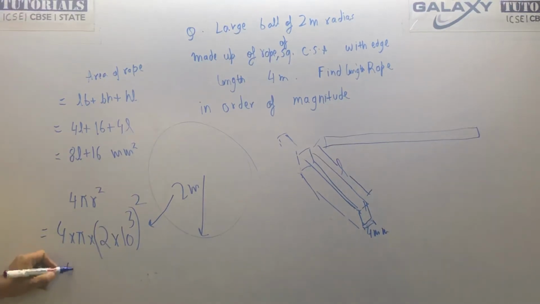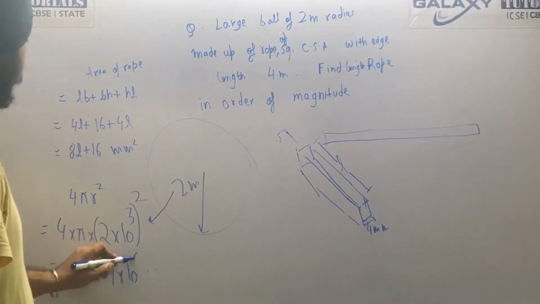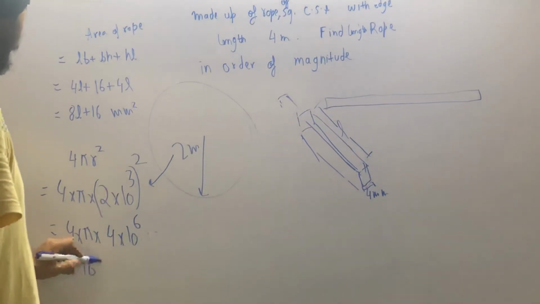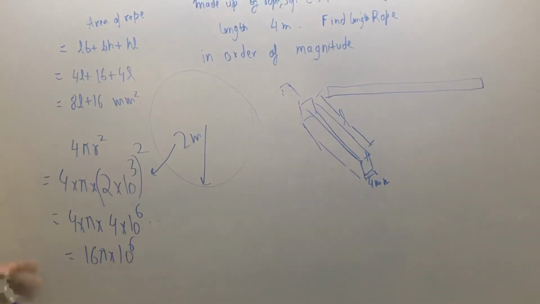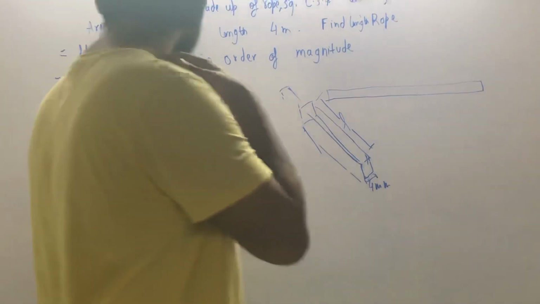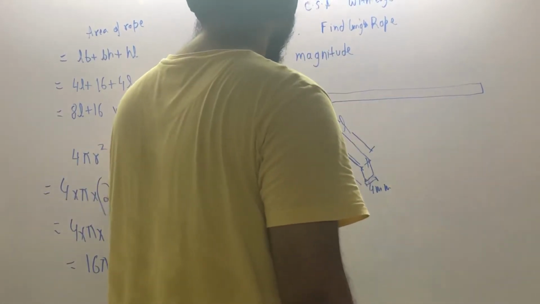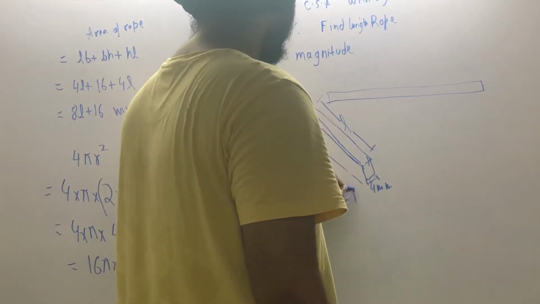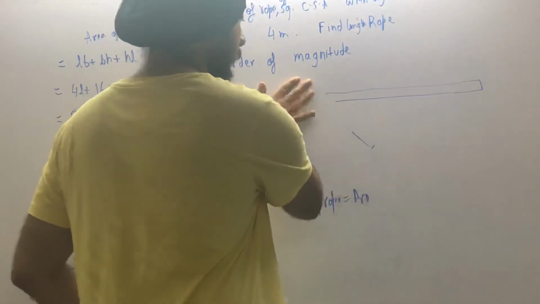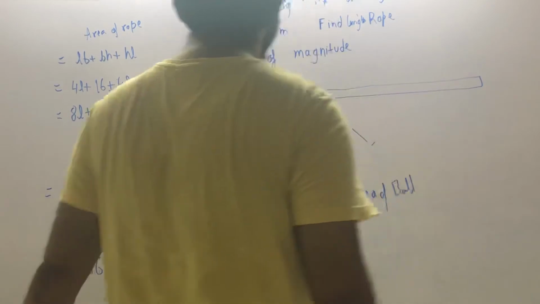So it will be 4 into pi into 4 into 10 raised to the power 6, in other words 16 pi into 10 raised to the power 6. The area of the rope is equal to the area of the ball.